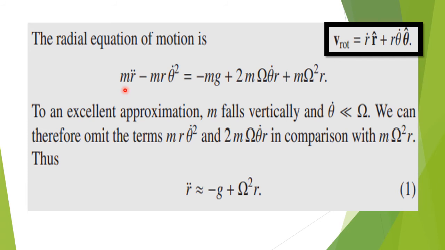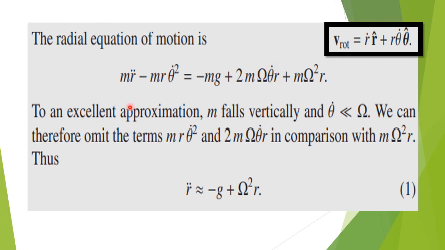Since m is falling vertically, we know that omega, the rotational velocity of Earth, is much greater than theta dot. Since the mass is falling vertically, theta is a very small value and theta dot is approximately 0. So we can neglect the terms containing theta dot, this term as well as this term.